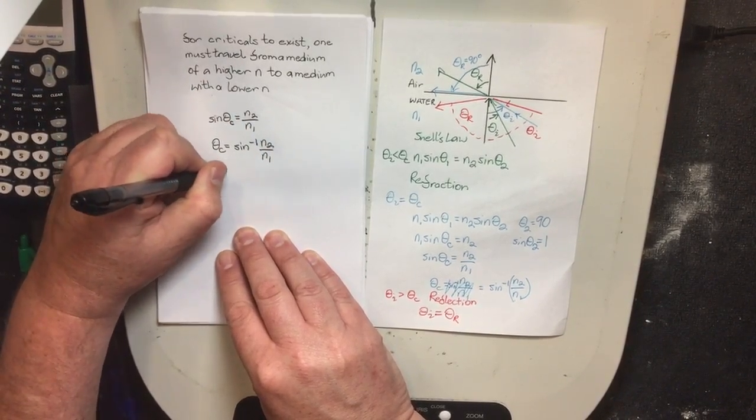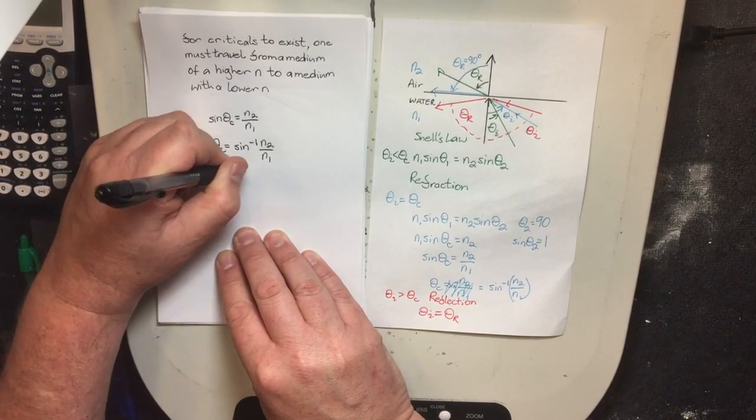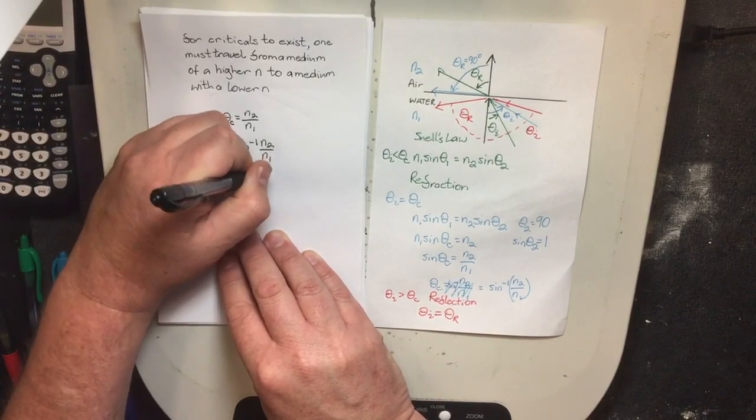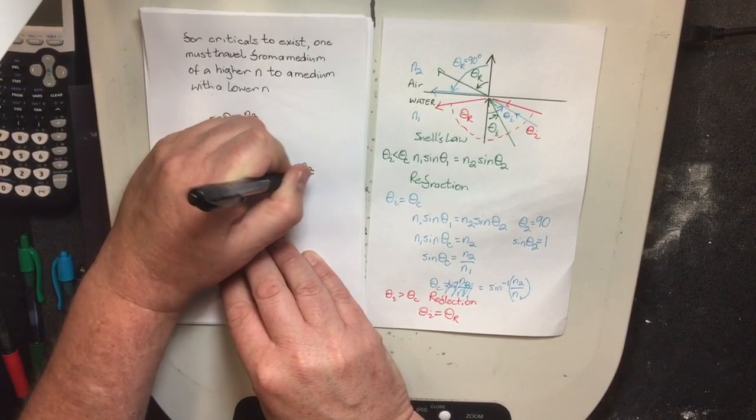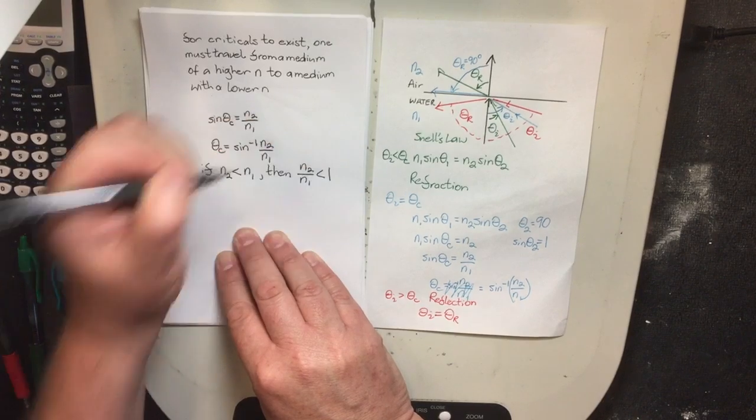If n2 is less than n1, then n2 over n1 must be less than 1.